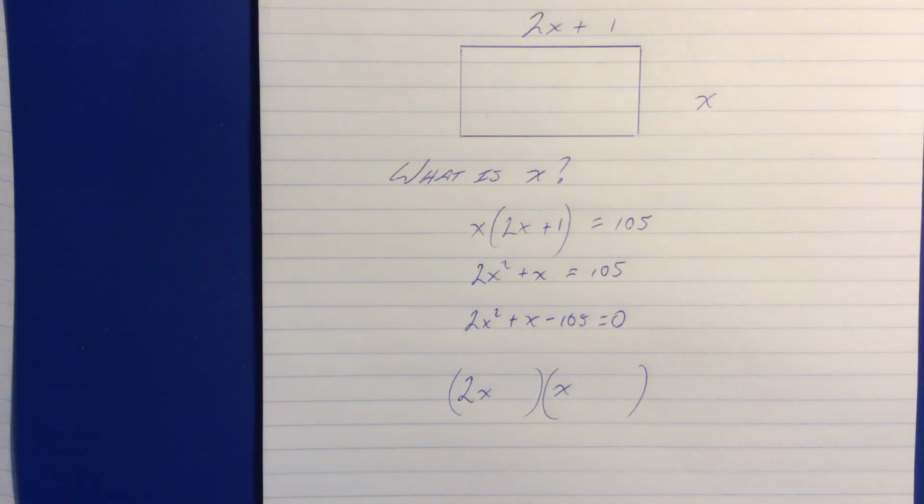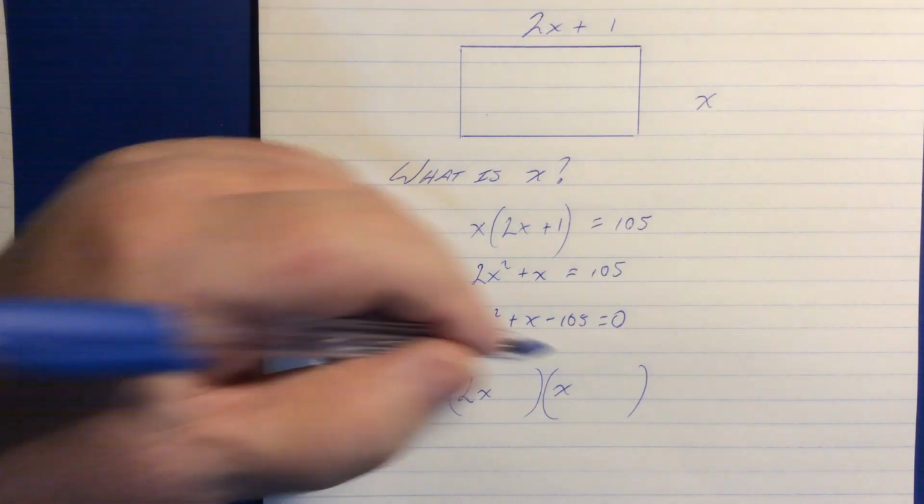So what's the next one up? I can't use 10, I can use 15. 7 times 15 is 105. 7 ones are 7, 7 fives are 35. That gives me 105. 7 times 2 is 14.